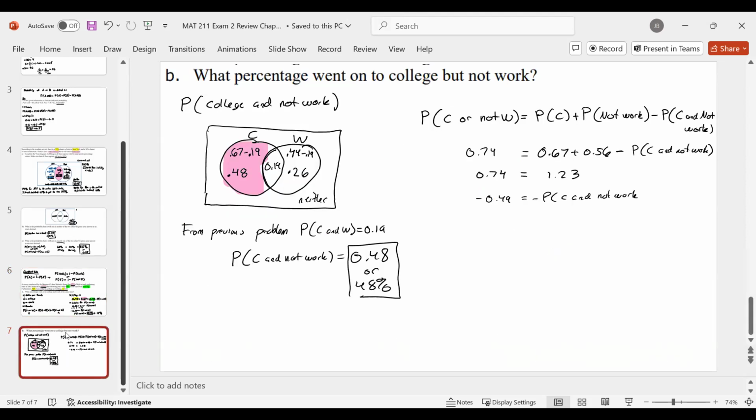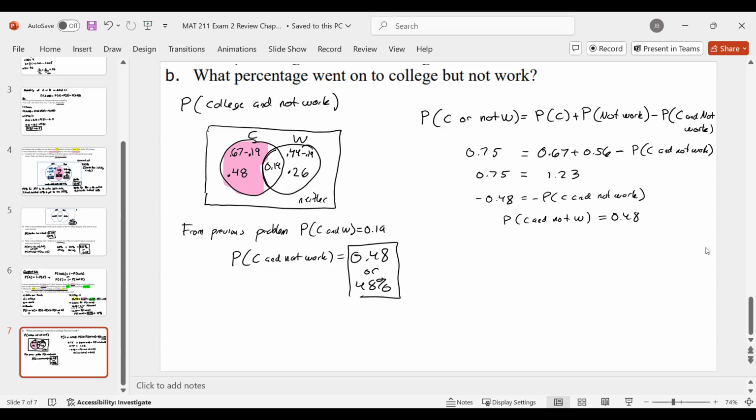Oh, it's 0.8. That's what it is. Sorry. So this should be 0.75, which then would make it 0.48. And then we get the probability of C and not W equal to 0.48.